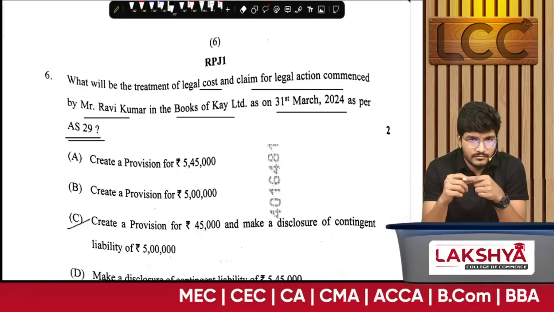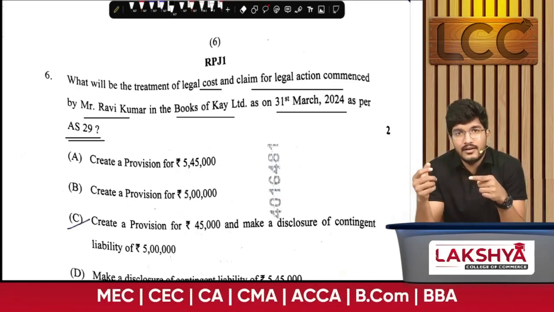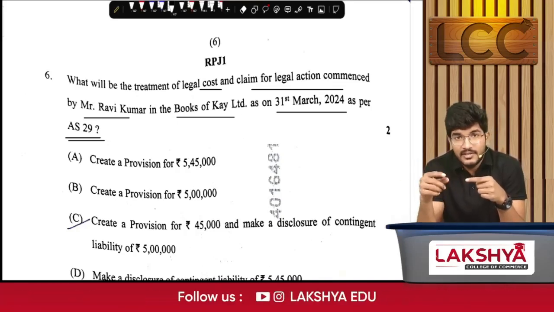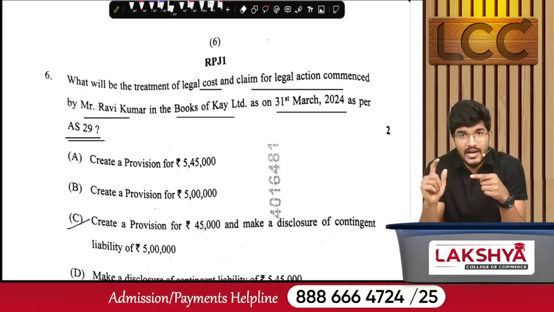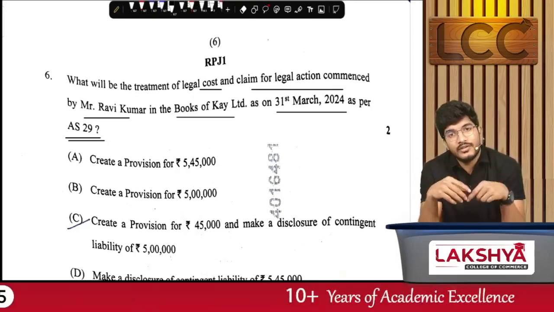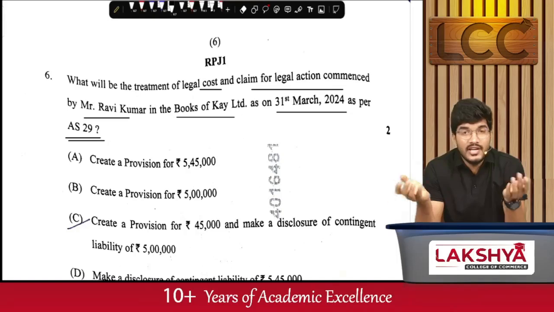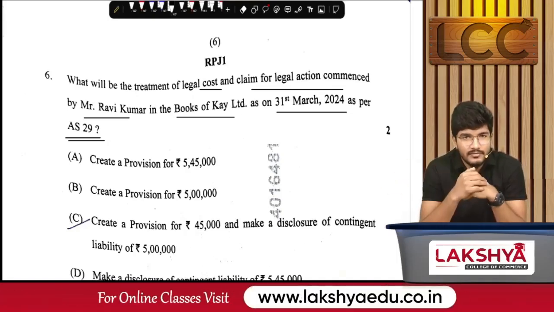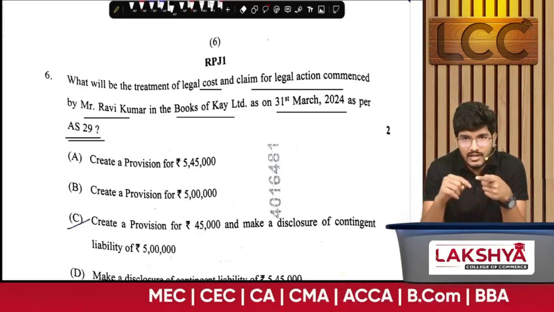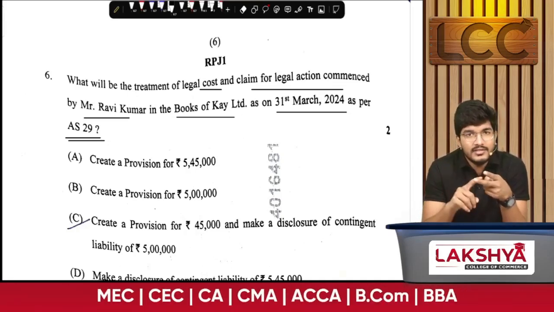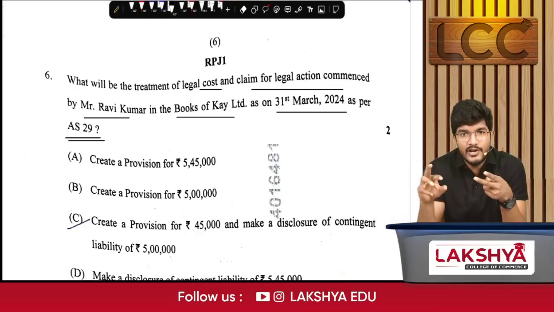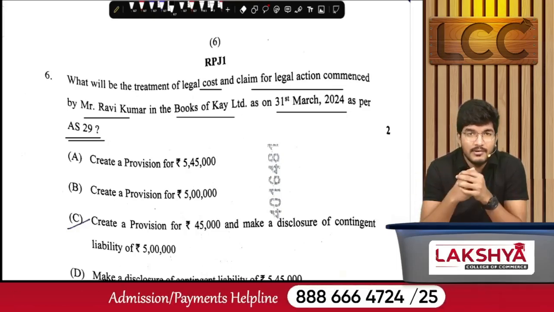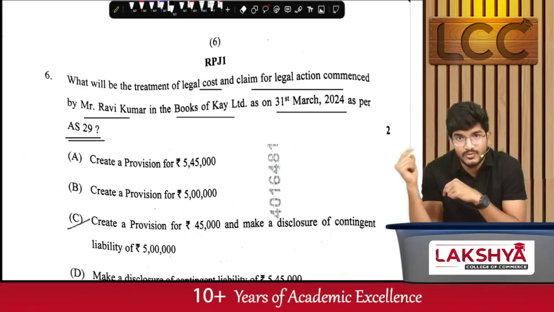And second, coming to the legal claim, if the legal claim is in favor of the customer, we have to pay 5 lakhs. If in our favor, we need not pay. But there is no confirmation, right? It's a kind of contingent liability. May or may not. So 45,000 is compulsory and 5 lakhs is may or may not. If it is may or may not, that will be disclosed as a contingent liability in the notes to accounts of the financial statements as per AS 29.